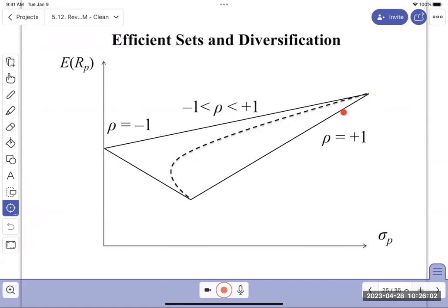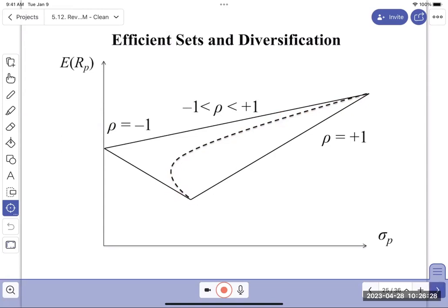The one with perfectly positive correlation would have the highest risk. In general, because those are the extremes, we visualize all possible combinations of assets on this curved line, this curve.